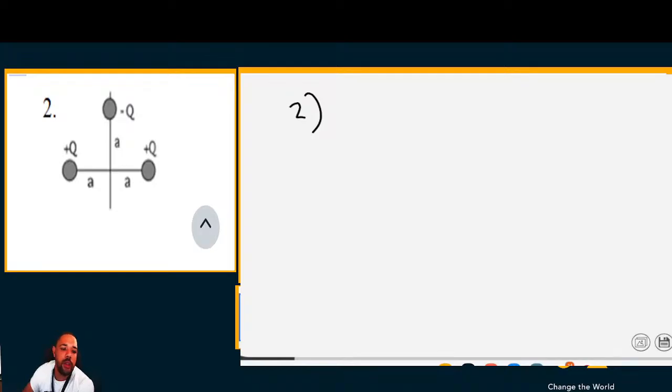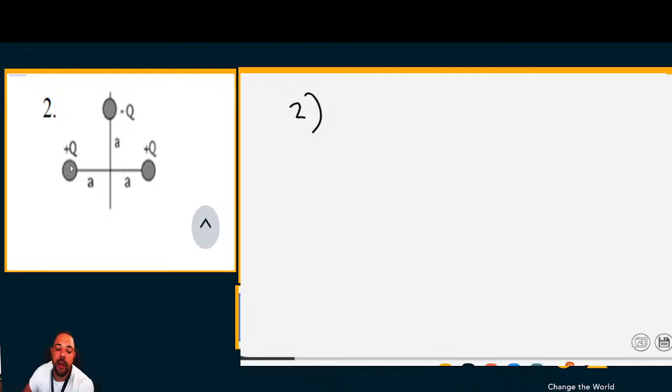It is this charge here and this one, then this charge and that one, and these two. So there are three unique pairings. Let's add them up.